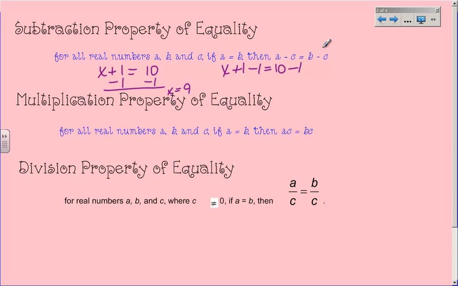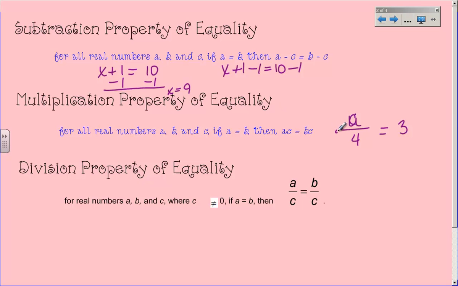Multiplication property of equality. For all real numbers A, B, and C, if A equals B, then AC equals BC. So this says I can multiply by the same number on both sides. So if I have something like A divided by 4 equals 3, in order to undo division, I have to do multiplication.